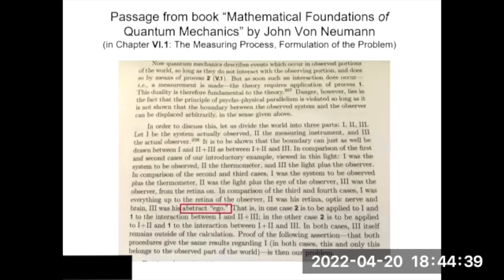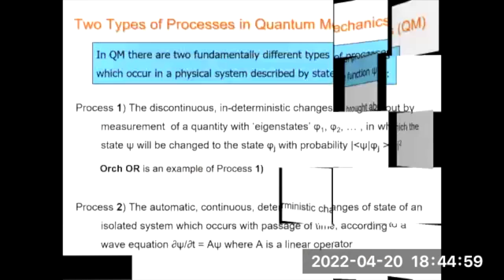Here I have the passage from the book of John von Neumann, where he introduces this abstract ego. You have to go through it to understand it, in mountain gear. You cannot do it quickly, but I just made a copy of it.